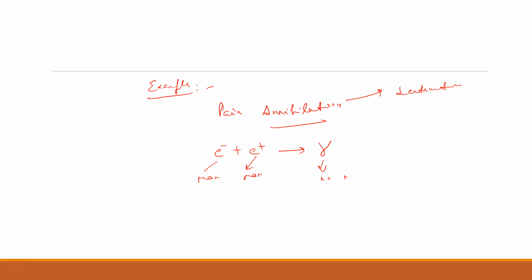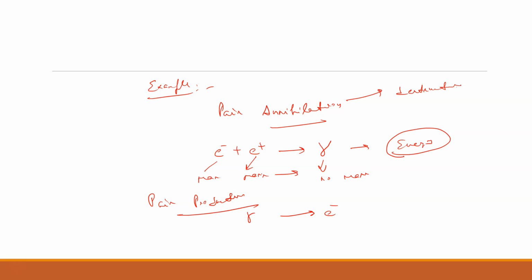No mass, but they have energy. So mass is converted into energy. The opposite reaction is known as pair production, where gamma particles change into an electron and positron. Energy is changing into mass.